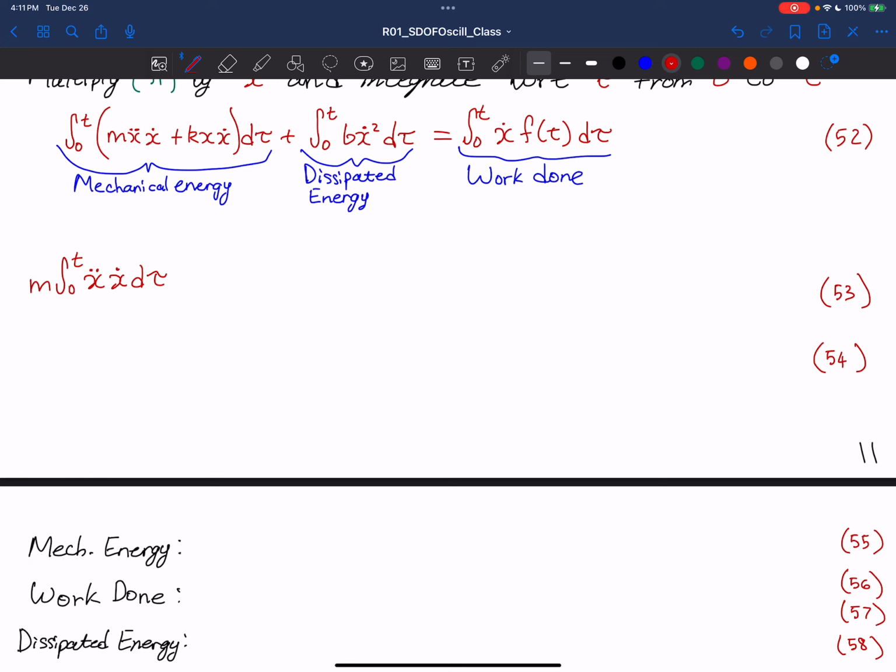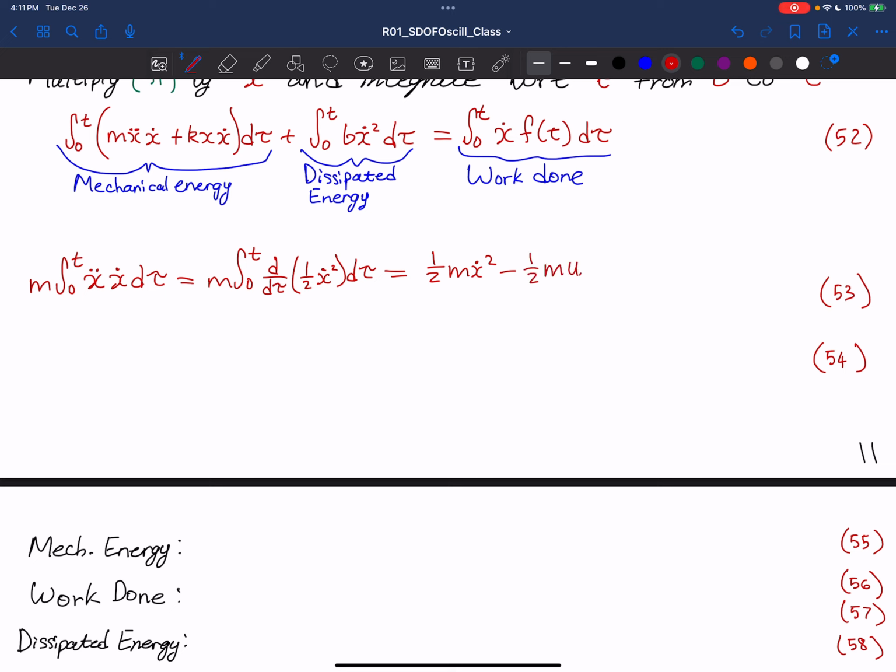This will be equal to m times the integral from 0 to t of the derivative d over d tau of the quantity 1/2 x dot squared, d tau, which ends up being equal to the quantity 1/2 m x dot squared minus 1/2 m u sub 0 squared.